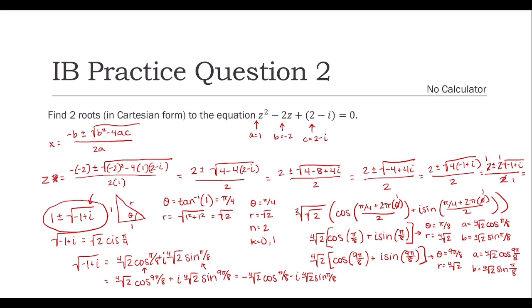So for our final answer, I'll write it up at the top. So we have 1 plus or minus the square root of negative 1 plus i. So we have 1 plus or minus the fourth root of 2 cosine of pi over 8 plus i times the fourth root of 2 sine of pi over 8.